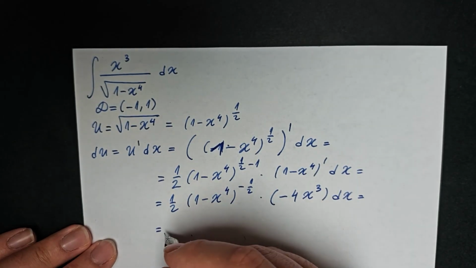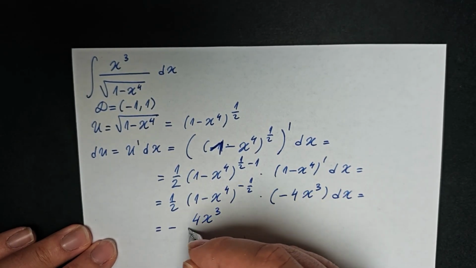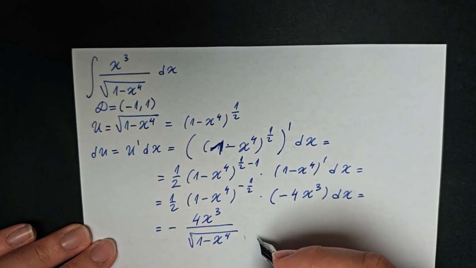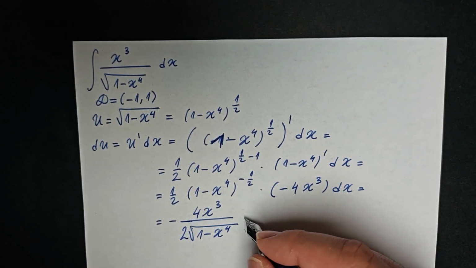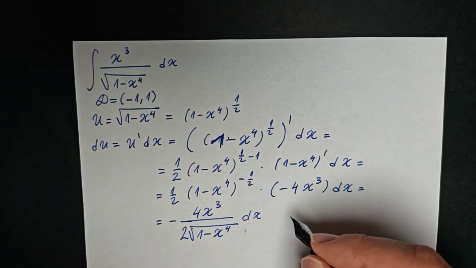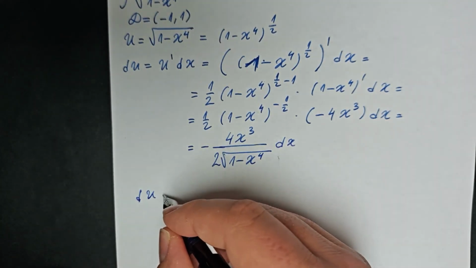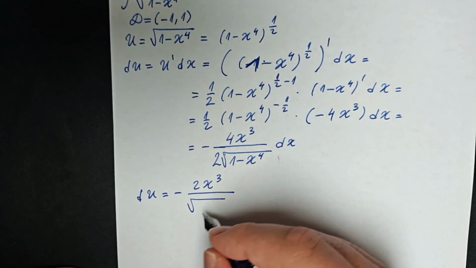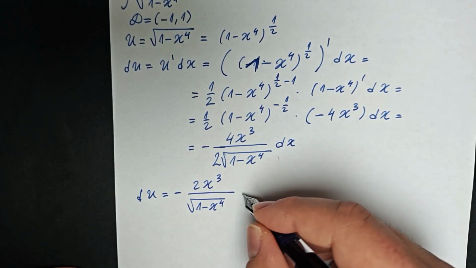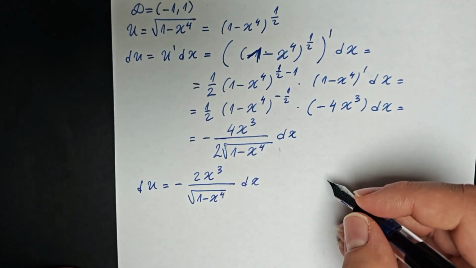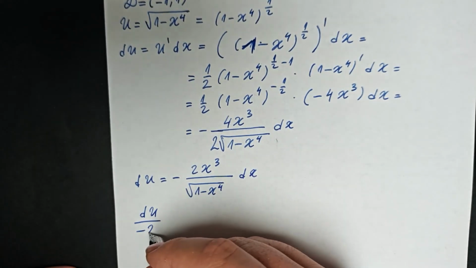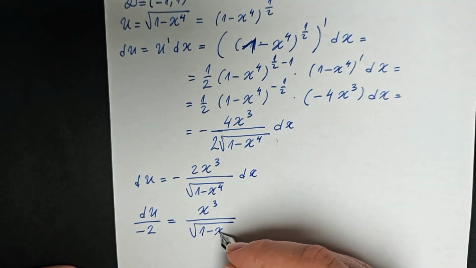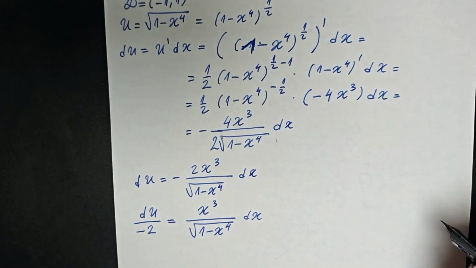This is equal to negative 4x cubed divided by the square root of 1 minus x to the fourth power multiplied by 2 and dx. So du in this case is equal to negative 2x cubed over the square root of 1 minus x to the fourth power dx. du over negative 2 is equal to x cubed over the square root of 1 minus x to the fourth power dx.